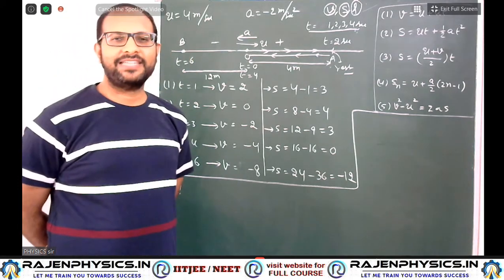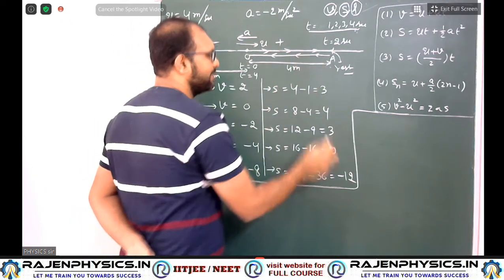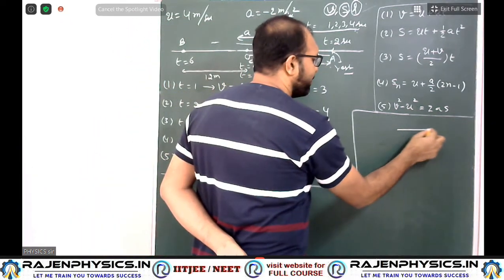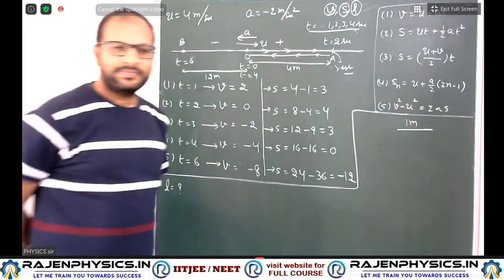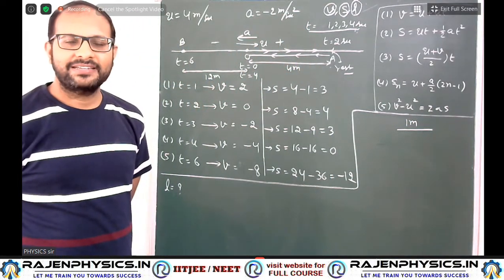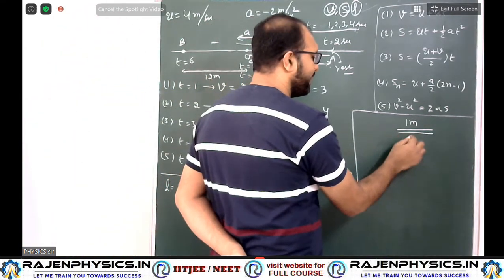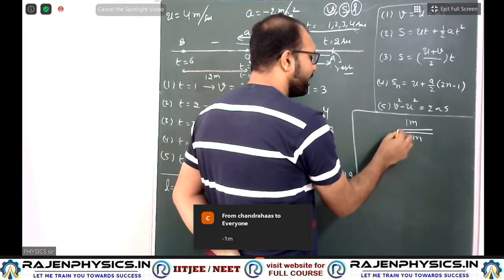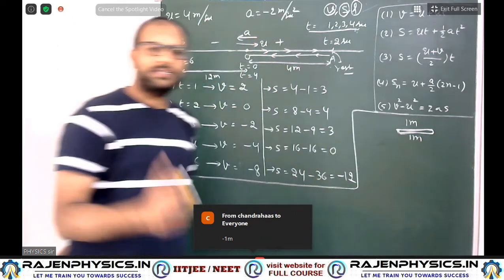Yes, 0 is the right answer because previously students solved 1 meter, that is only the second second. Third second, again 1 meter. Means here to here and here to here.